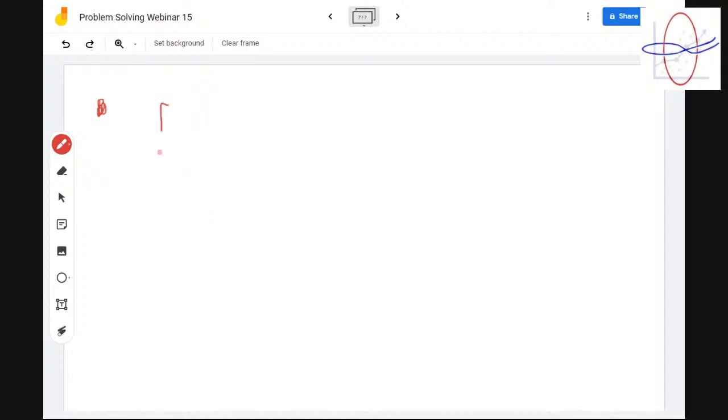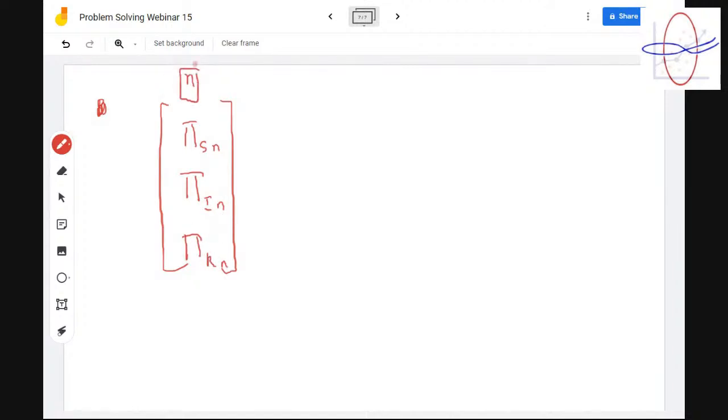Let's make it bigger so that you can understand: pi S n, pi I n and pi R n. These are the probabilities of the nth step. That is, Xn is a random variable with the corresponding probabilities.